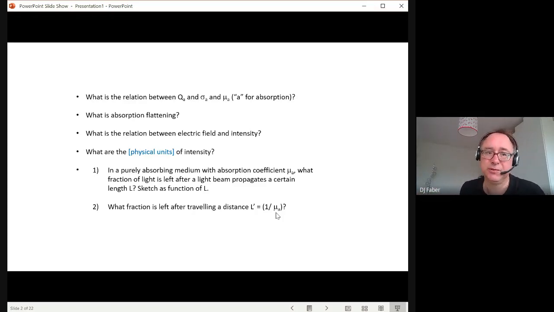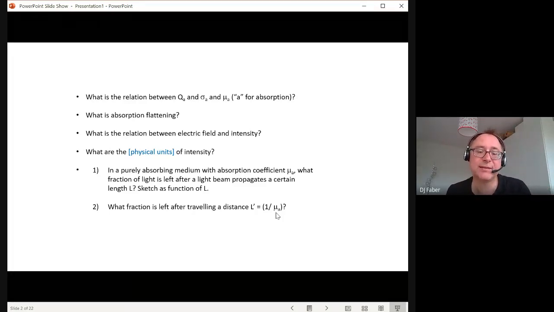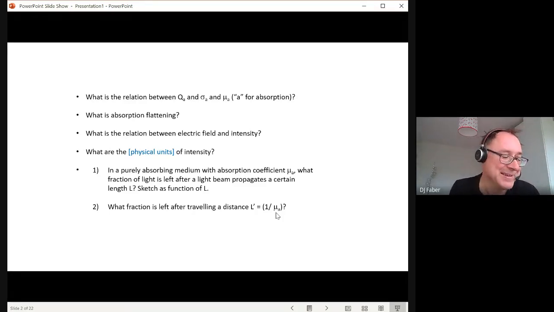So if you would do the calculation for every wavelength, and we'll get to that in a moment, you'll see that the really high absorption peaks in hemoglobin are actually a little bit flattened down compared to wavelengths where the absorption coefficient is not that high. So that's where the term absorption flattening comes from.